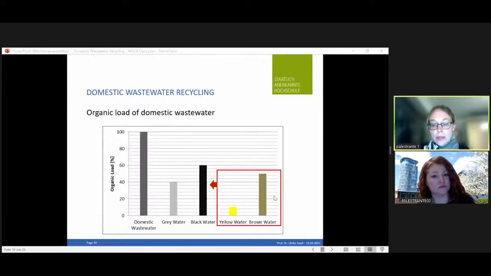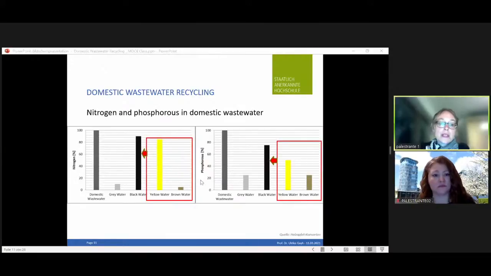So when you think about all the wastewater in your houses, the feces are really, in amount of volume, nothing, but the organic load is very high. Furthermore, all the toxic substances are in this brown water. So one main reason why you separate the gray water and the black water is the pollution of the yellow water and the brown water.